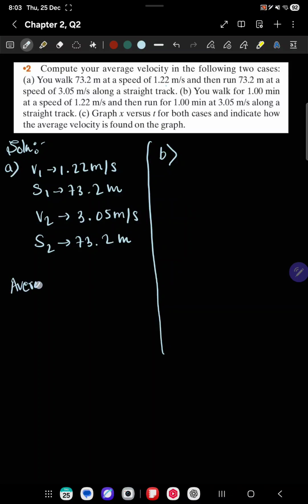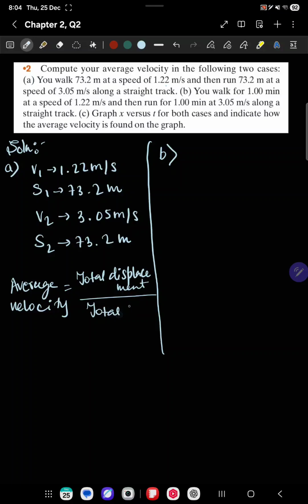Now if you want to find out the average velocity, it can be written as total displacement upon total time. Since the person is moving on a straight track, in this case the distance and displacement will be the same.